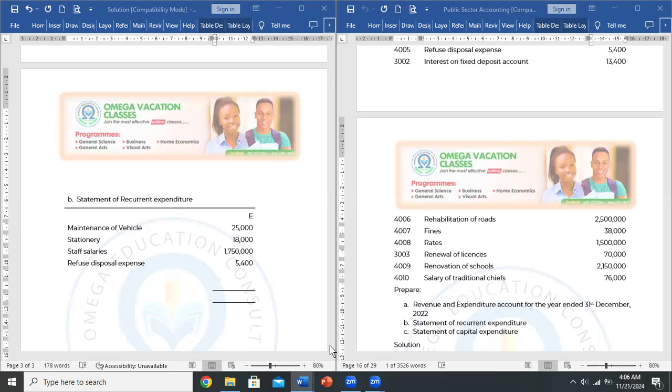Rehabilitation is not done that often, so it's a capital expenditure. Fines and rates are revenues or income, so they are not coming here. Renewal of license is also income. Renovation of schools is another capital expenditure. So the last revenue expenditure will be the salary of traditional chiefs.